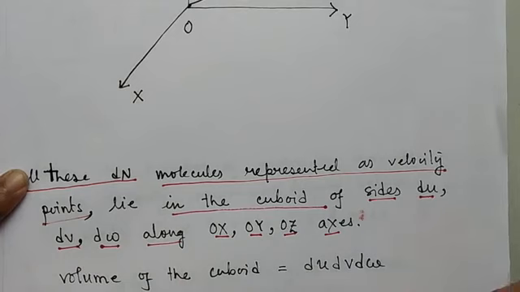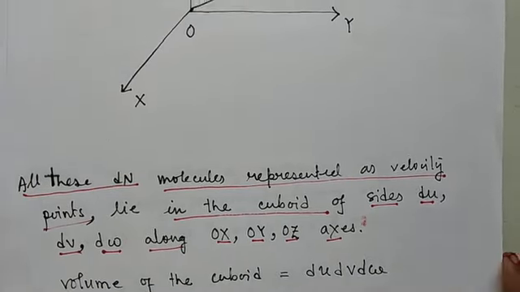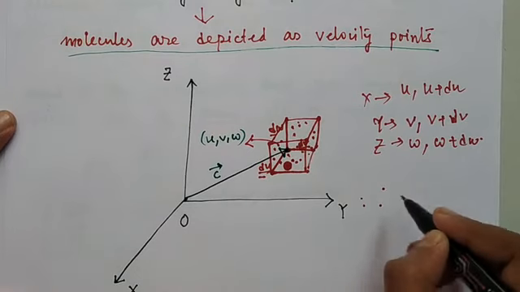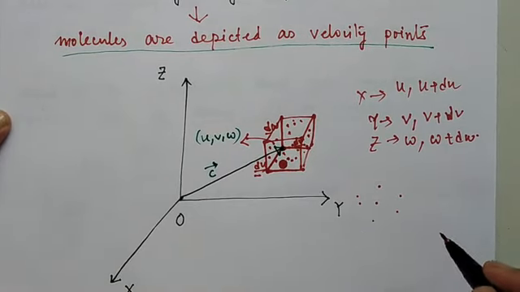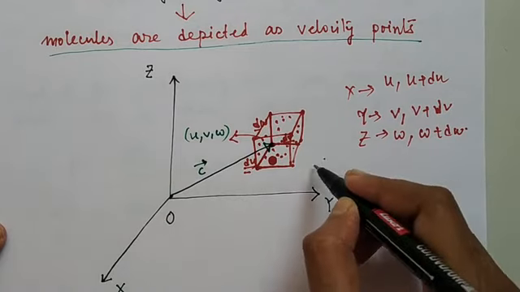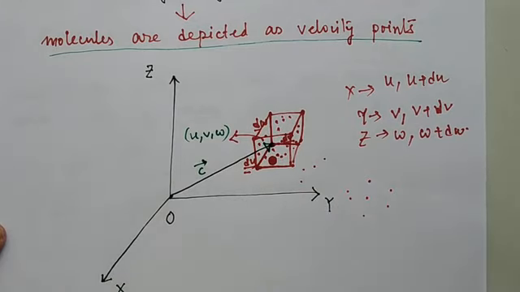In position space, each point gives its position, like x, y, z will give the coordinates. But in the velocity diagram or velocity space, each point gives its velocity components as coordinates.